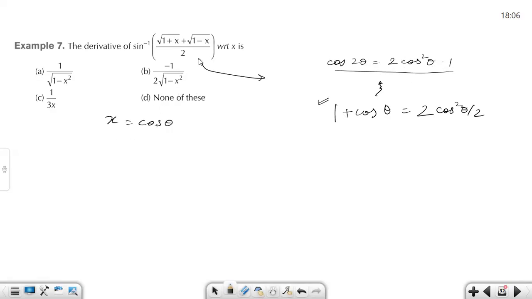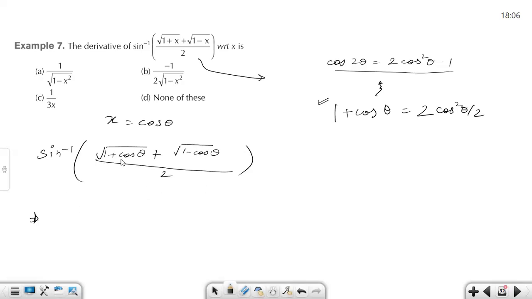On doing so, this particular function will become square root of 1 plus cos theta plus square root of 1 minus cos theta, upon 2. Then, as we know, 1 plus cos theta is 2 cos square theta by 2 and 1 minus cos theta will be 2 sine square theta by 2.